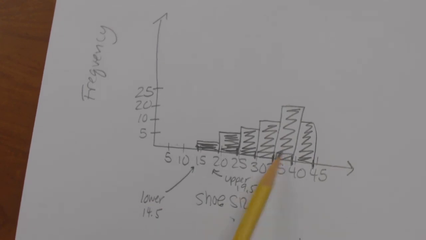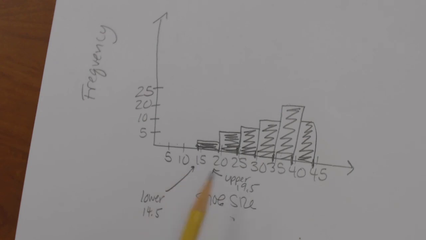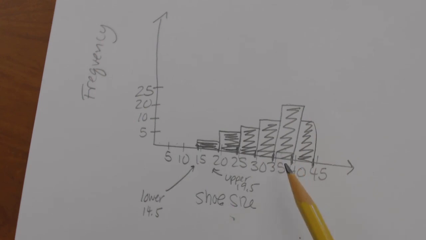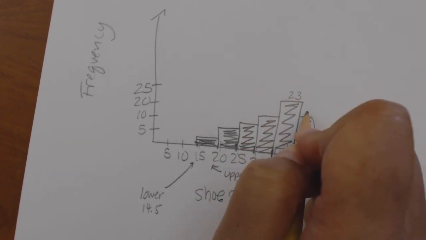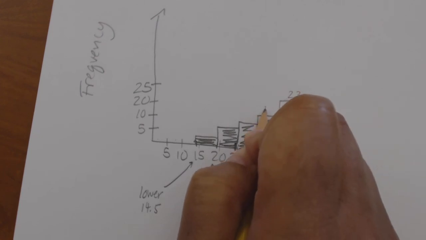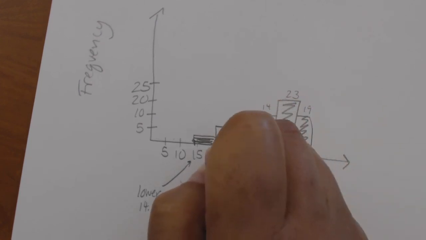Notice the bars touch. I start at the lower boundary, I end at the upper boundary, and then I continue on from there. You could visibly see now that between 34.5 and 39.5, that does have the most. So this was a height of 23. And if you would like to put the heights in, that's a nice little addition here too.